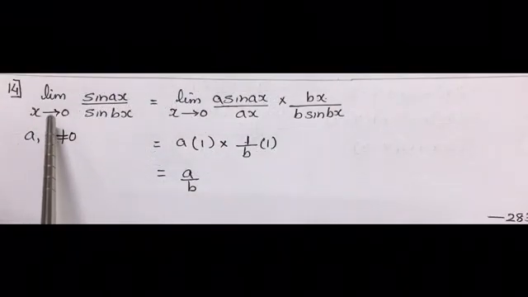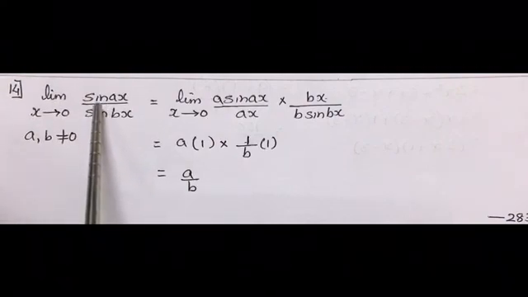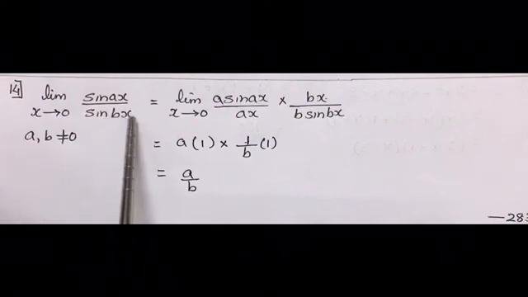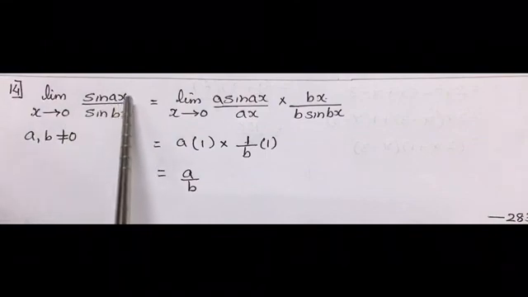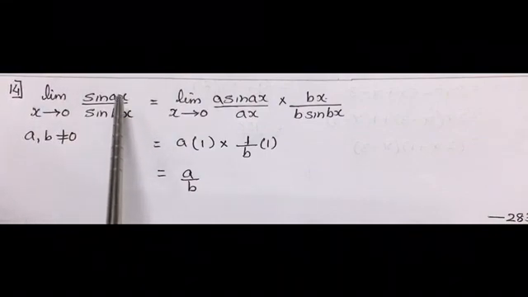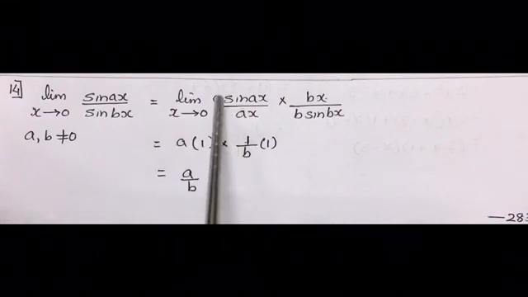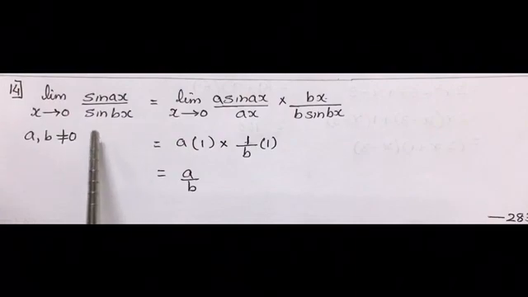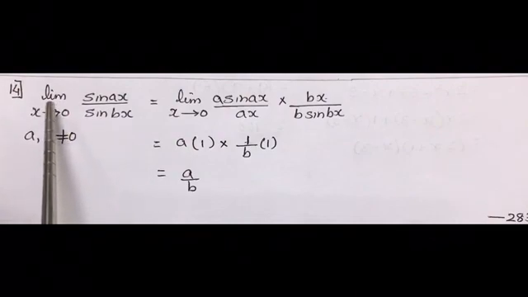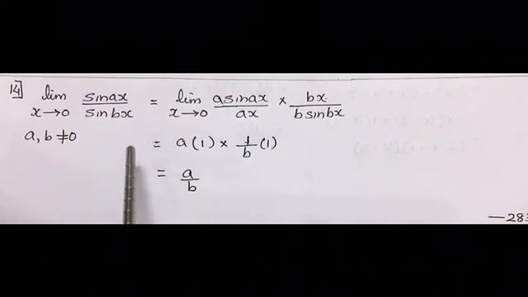14th one, given here is limit x tends to 0, sin ax divided by sin bx. Now if we keep directly the value of x as 0, then it will become 0 upon 0 because sin 0 value is 0. So again we have to go for the adjustment to make use of the formula that limit x tends to 0, sin x upon x is equal to 1.